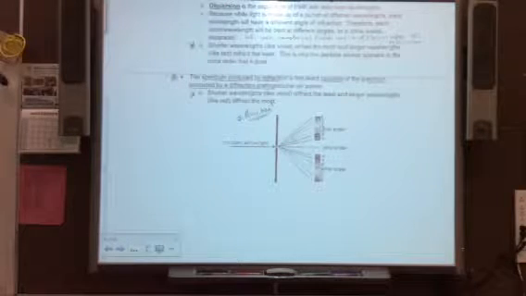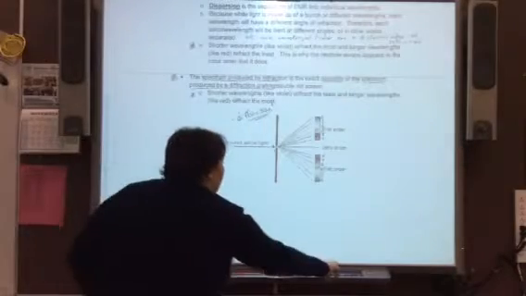The spectrum produced by refraction is the opposite of the spectrum produced by diffraction, in the sense that the shorter wavelength diffracts the least and the longer wavelengths diffract the most.